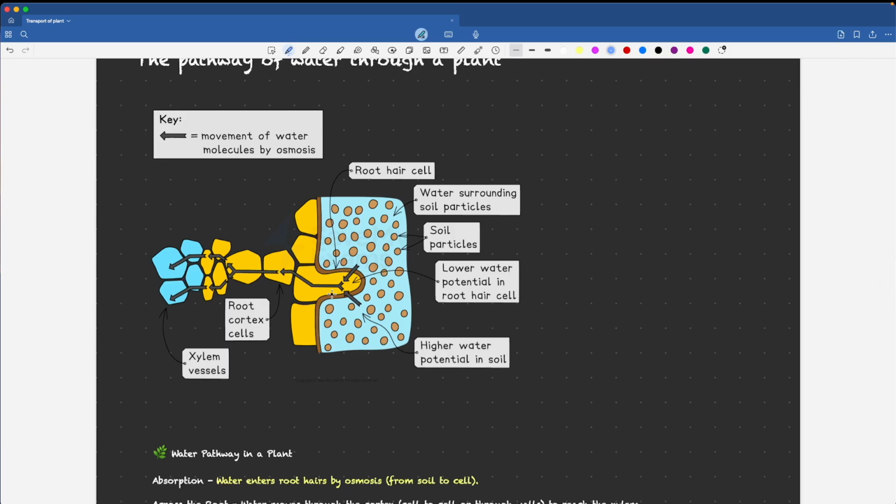So water will move from higher water potential to lower water potential. Then it will move through the root cortex towards the xylem. Just now we have explained this.